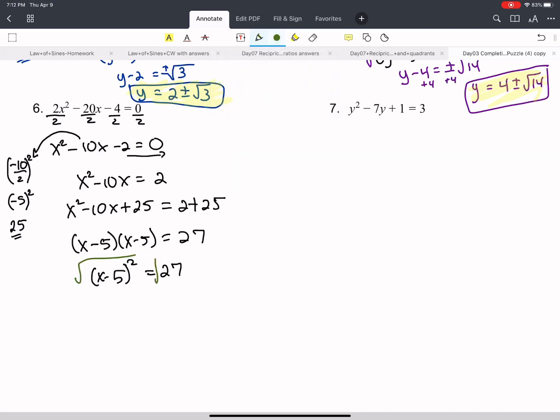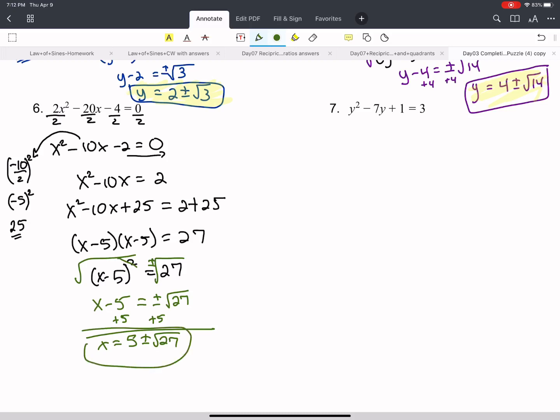Square root. So you have x minus 5 equals plus minus the square root of 27. Add 5 to both sides. X equals 5 plus minus the square root of 27. And then that's that. That's an x.